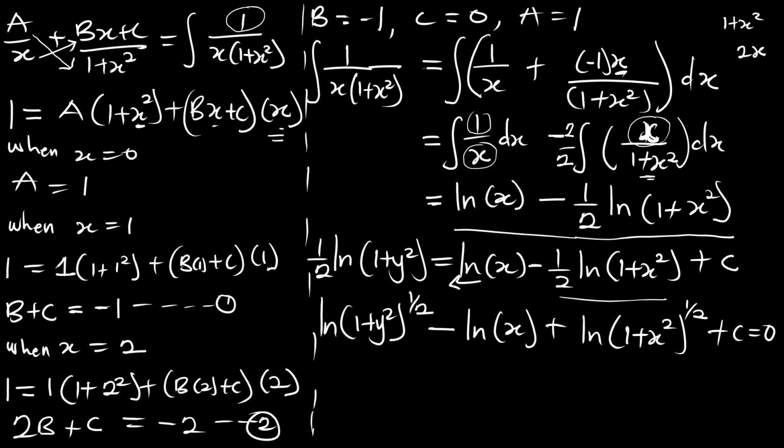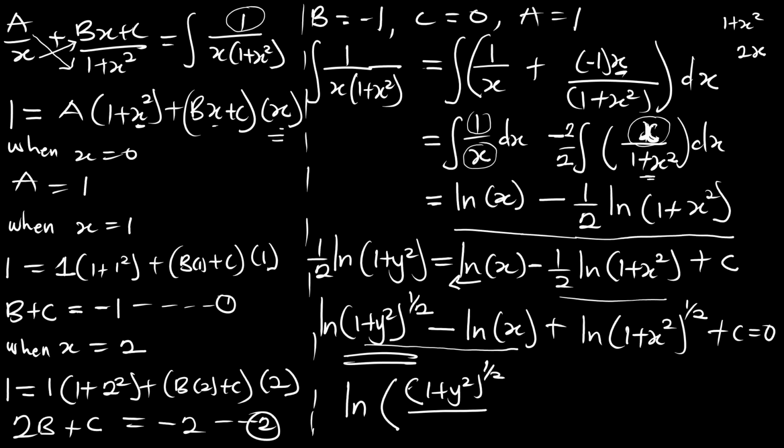Still we can leave the answer in this form, but if you still want to compress further, then we can still have natural log of, now since these two are subtracting, then the log is going to give us 1 plus y squared, half on what?